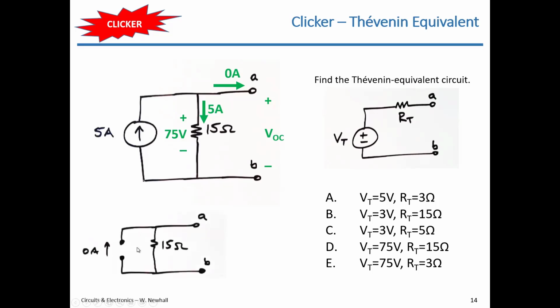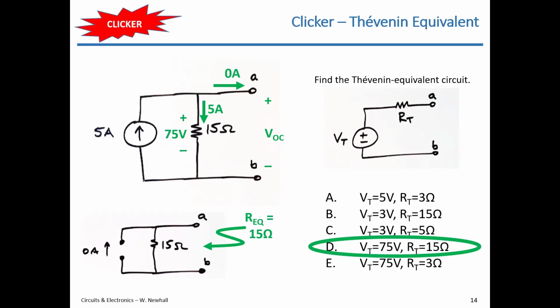So to make that source 0 amps, I can call that an open, like I have here, and then calculate the equivalent resistance between terminals A and B. There's just one resistor left, or that resistor is the equivalent resistance between A and B. So Req is 15 ohms. We get D, so that's the answer.